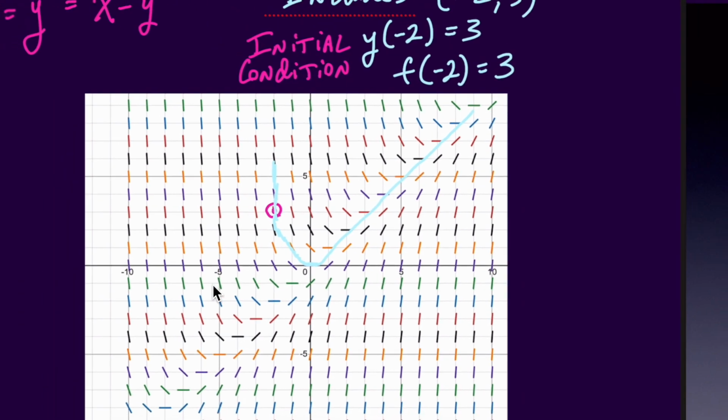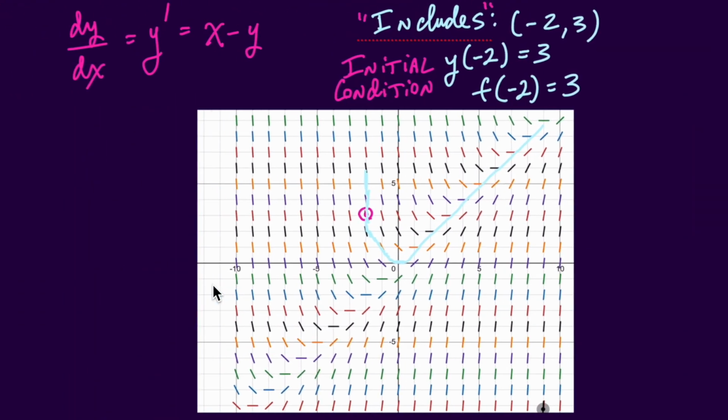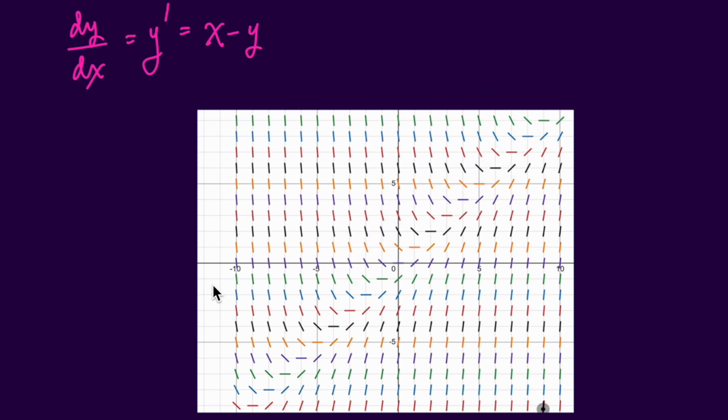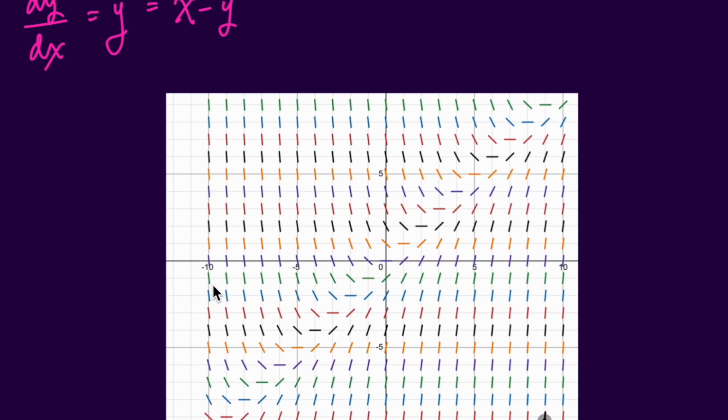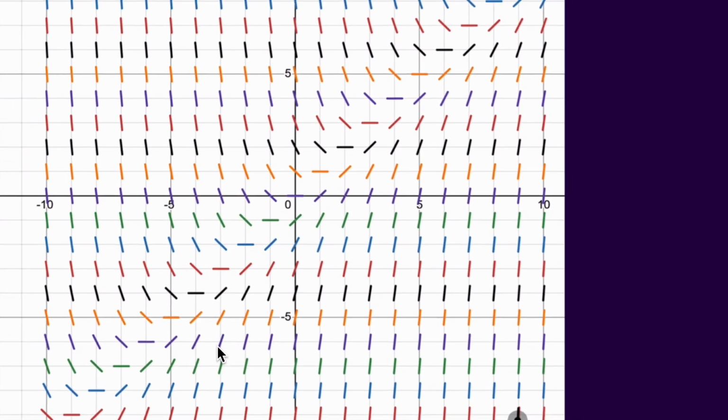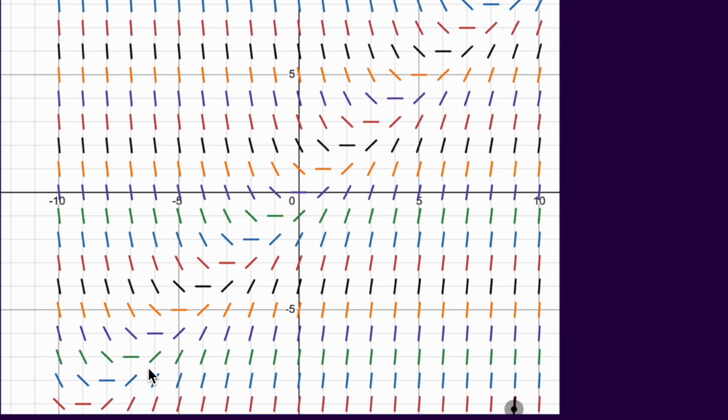Now, if they didn't give us an initial condition or a particular point, let's see if we could find a particular solution from this graph. Well, look what we have going on here. We have that oblique asymptote.